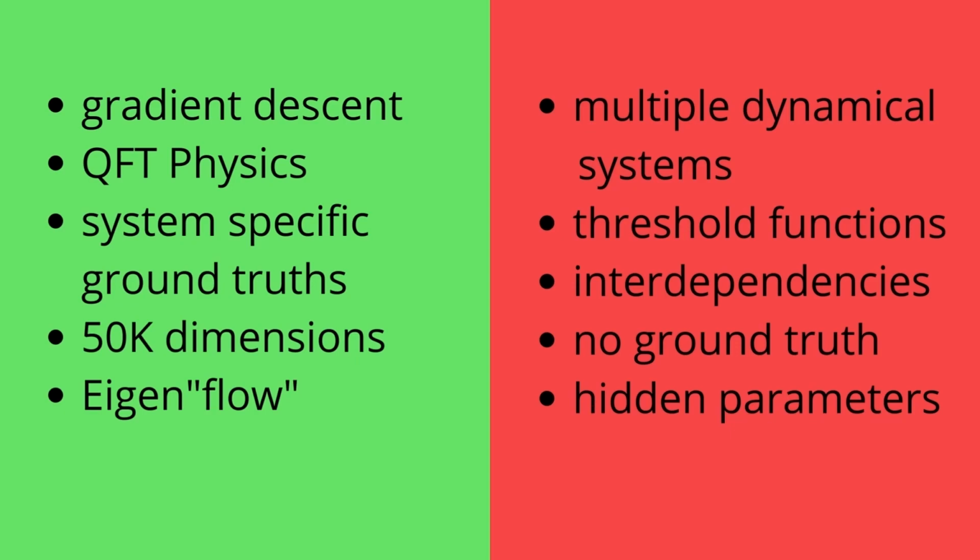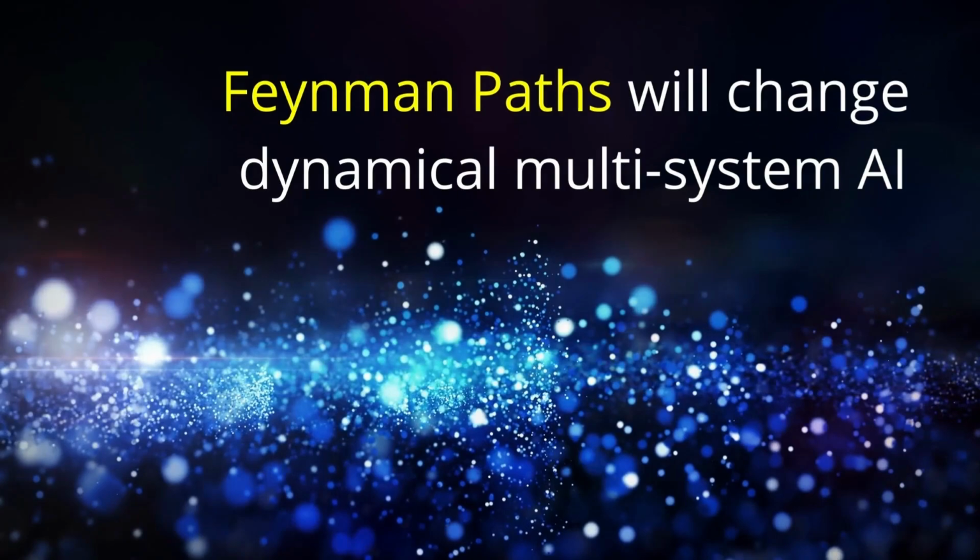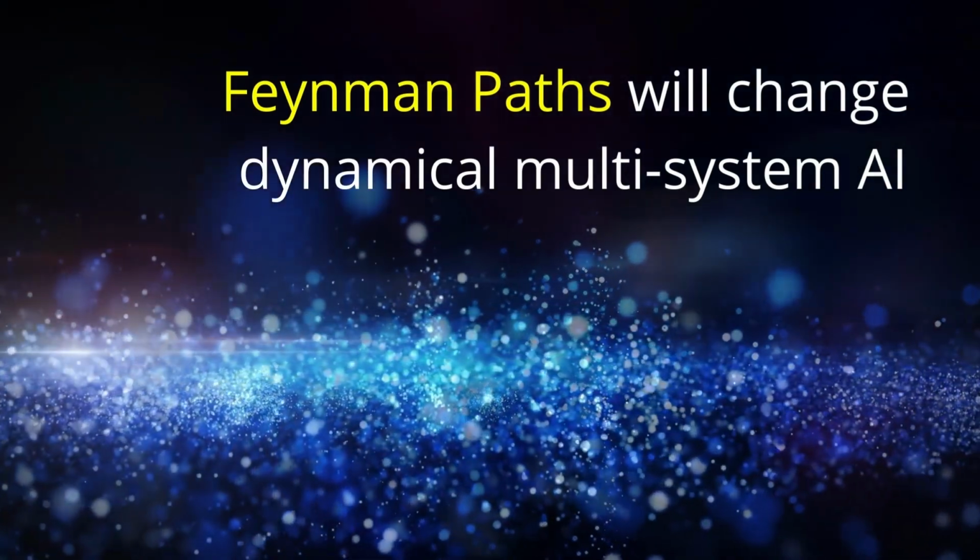We have interdependencies we don't know. We have no ground truth, and we have hidden parameters we don't even know yet. But we have with AI a system that is possible to have millions of degrees of freedom and millions of interdependencies that the system should map. Feynman paths will change dynamically multi-system AI.